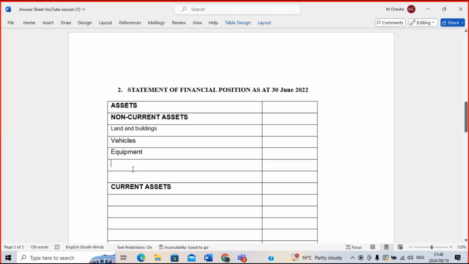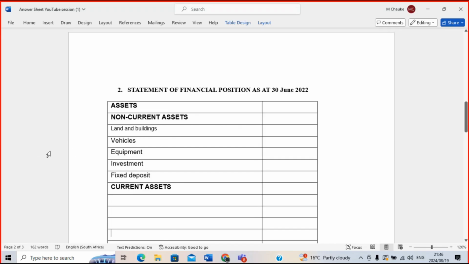And then what else do we have? We've got investments. And then we also have fixed deposit. These are the non-current assets that we've identified, right?